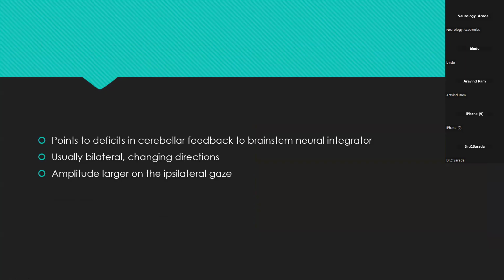When there is reduced cerebellar feedback, the eyes are allowed to drift back to the primary position, and a fast beat saccade is towards the gaze. It is usually bilateral and changing in direction with amplitude larger on the ipsilateral gaze.